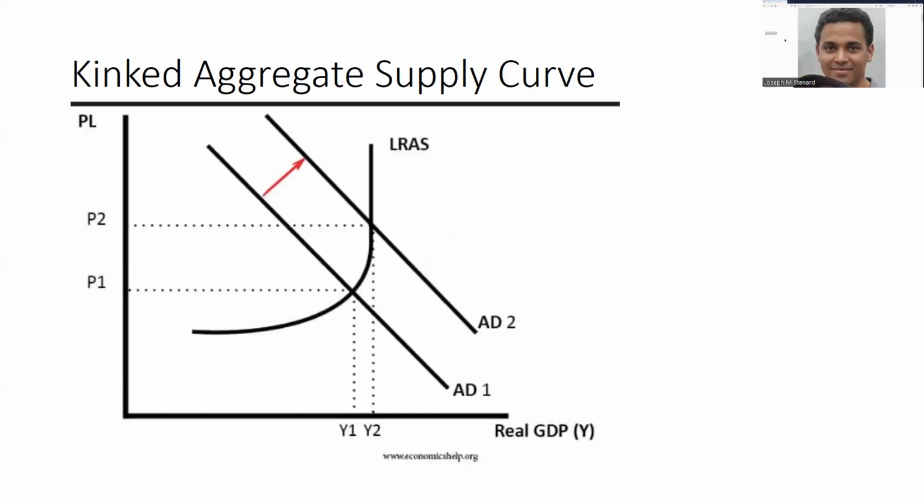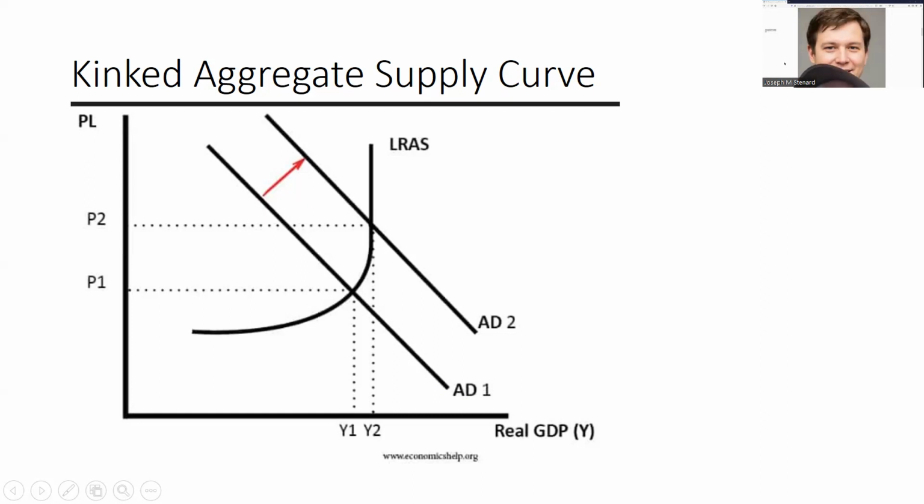In reality, it's kind of both, right? There was a new model that came out called the kinked aggregate supply curve. Try not to pay attention right now to the aggregate demand curves, which are slowing down, and just take a look at this kind of J-shaped LRAS curve. That stands for long run aggregate supply, showing a relationship between the price level and real GDP. What they're saying is that there's a section of the supply curve which is vertical because it's limited by our physical PPF and by our institutional PPF.